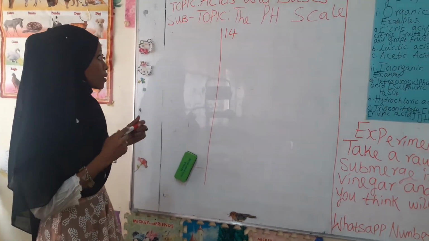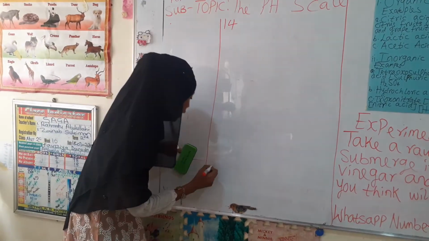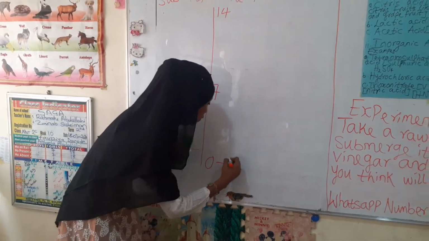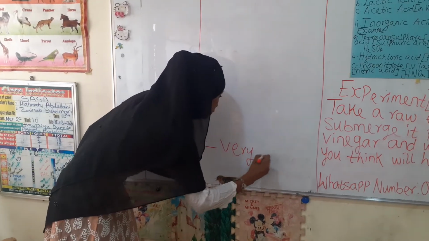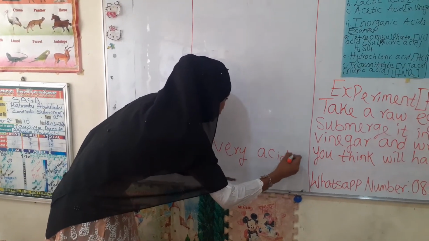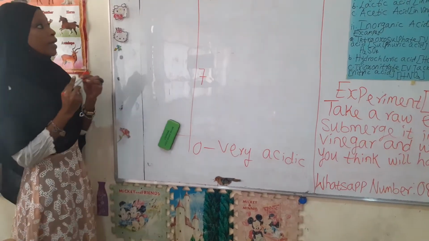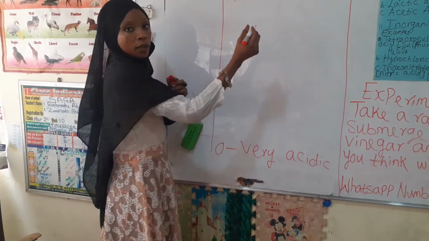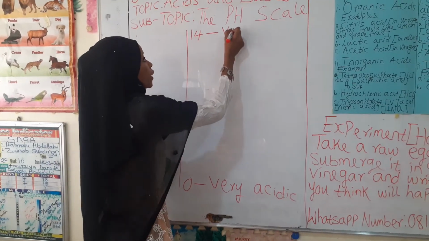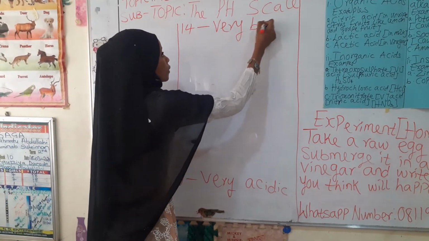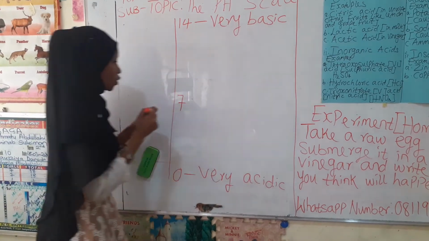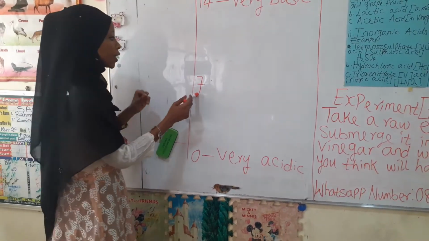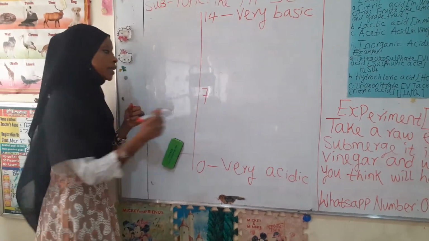An acid substance has a pH level of 0 to 7, with 0 being very acidic, whereas a basic substance has a pH level of 7 to 14, with 14 being very basic. But if a substance has exactly a pH level of 7, it means it is neutral.